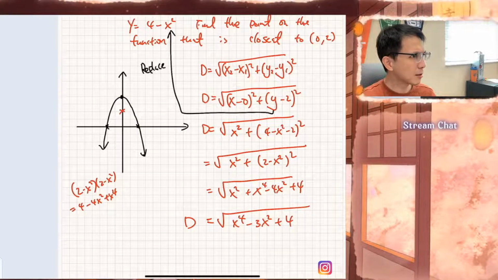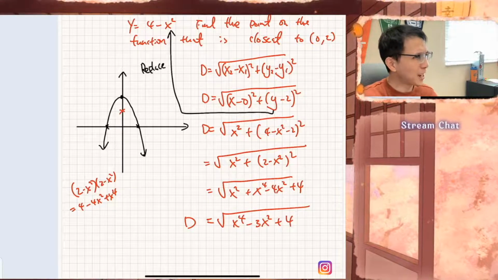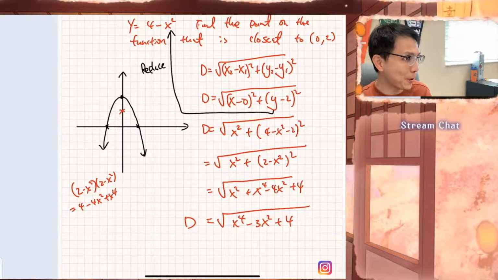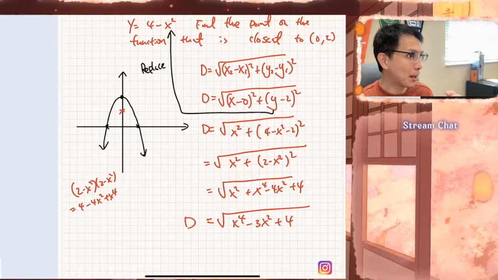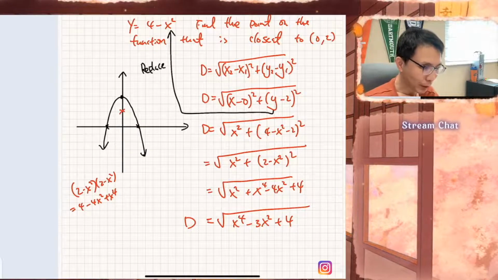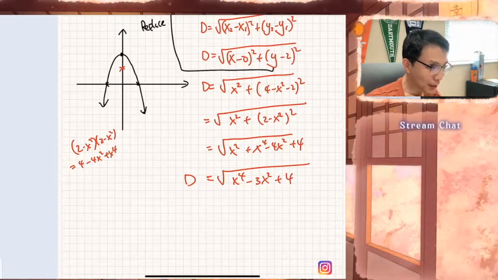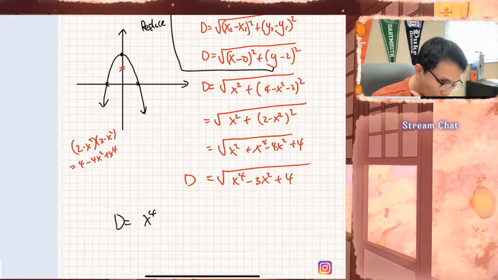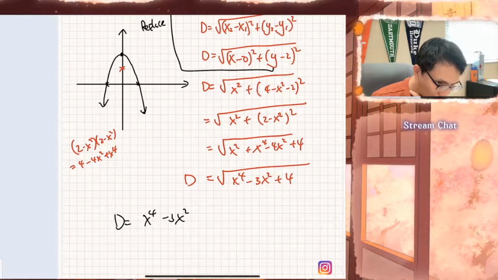Does that make sense? Now the next part is actually, you can choose to use the chain rule here, but for me, I won't even bother. I'm going to say d is equal to x to the fourth minus 3x squared plus 4.